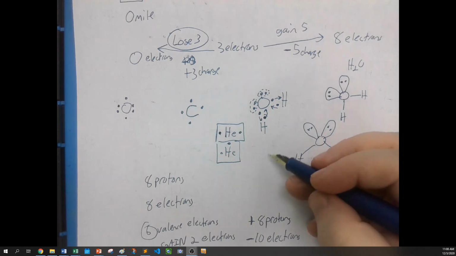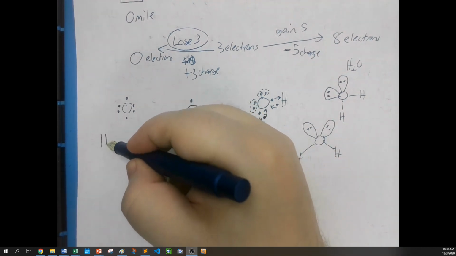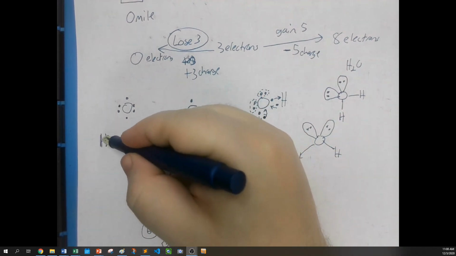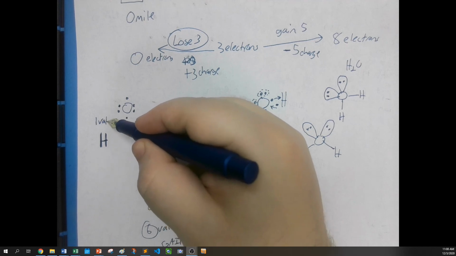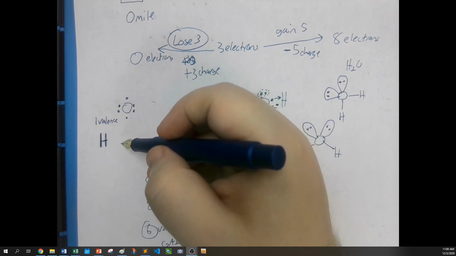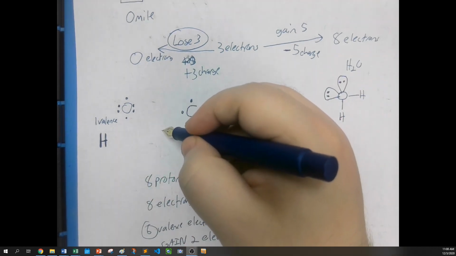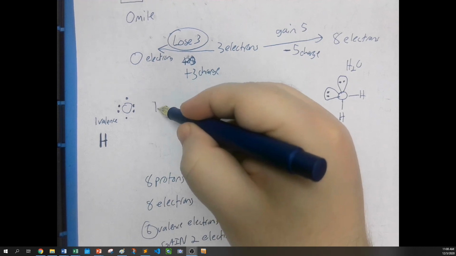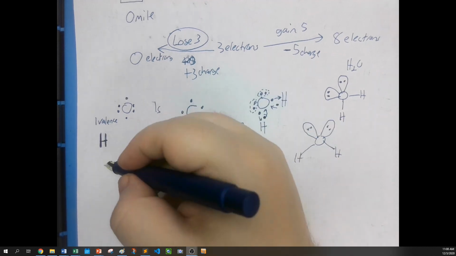I will say another exception I forgot is hydrogen. So hydrogen has one valence electron. Now remember, hydrogen and helium are exceptions. They only have one orbital, one energy level, and that's 1s. How many electrons are needed to fill up 1s? 2.